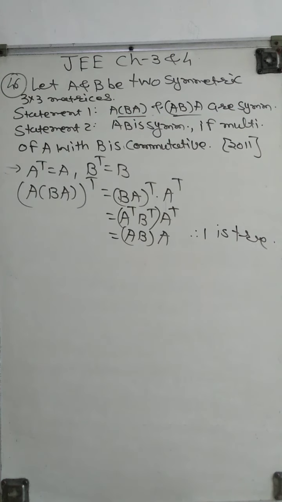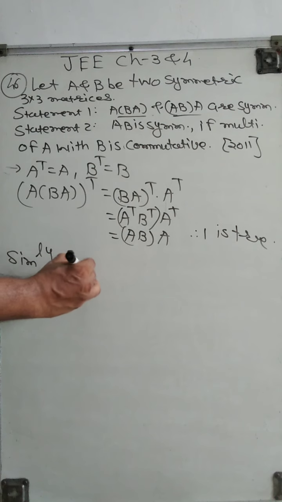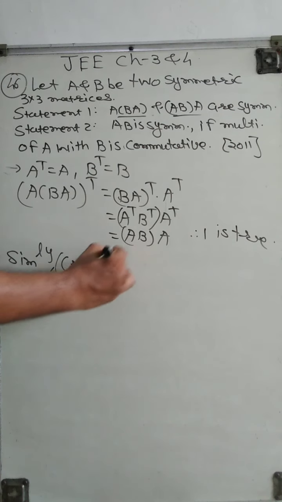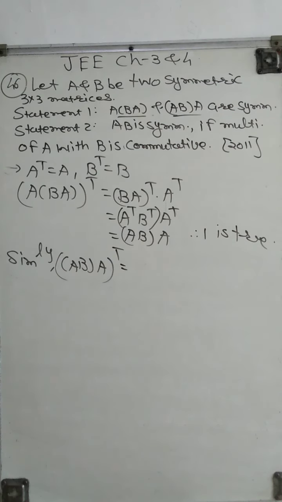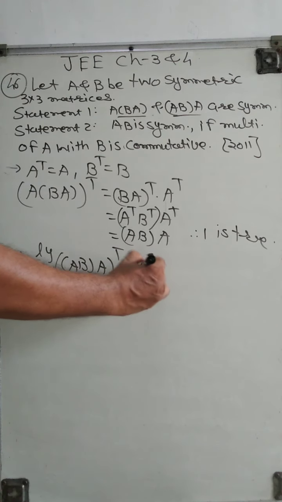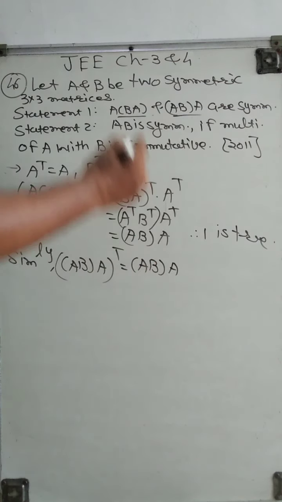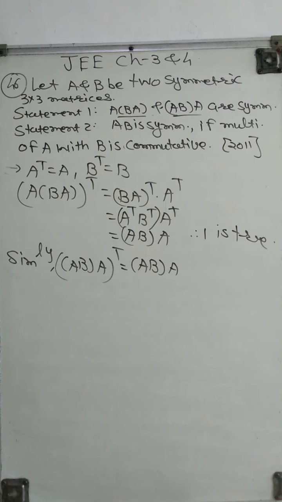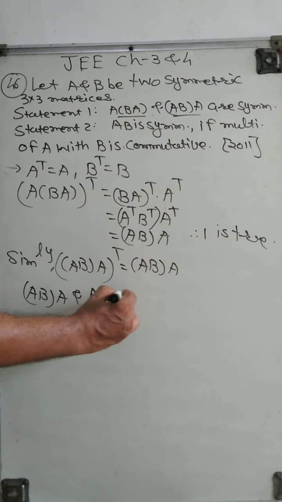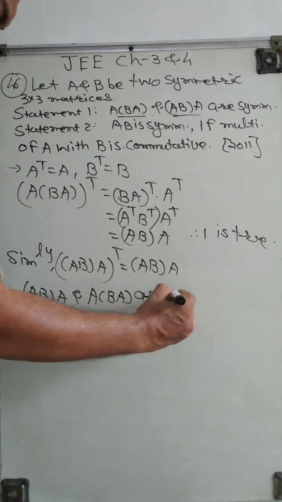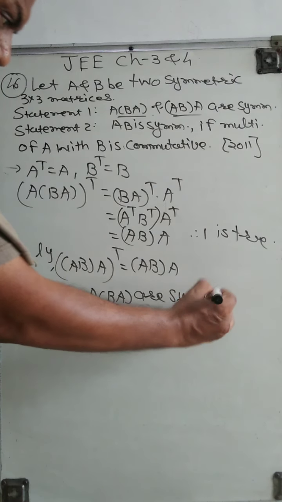Now for the second one, we take ABA. Similarly, (ABA) transpose is equal to ABA. Therefore, we can say that ABA and BA are symmetric. One thing.